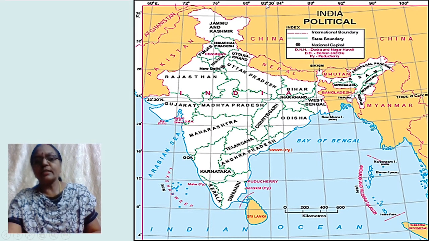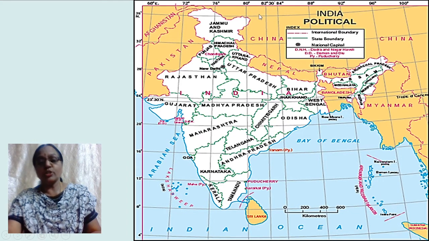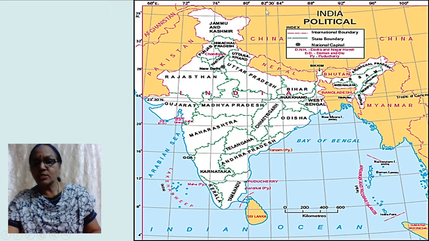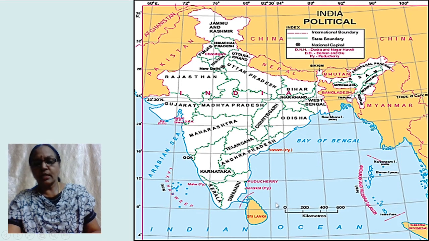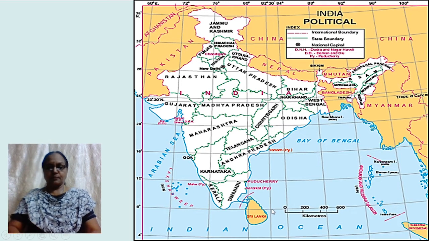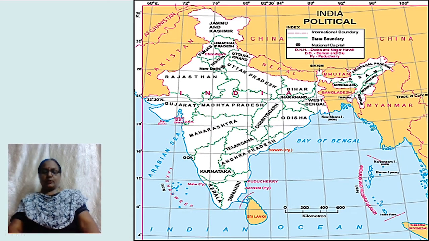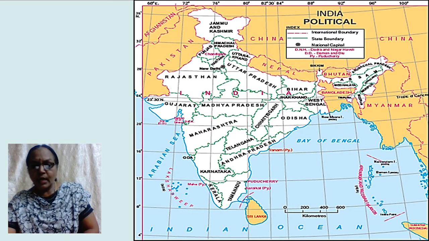The Indian Standard Time is based on the 82.5 degree east longitude, which passes through Mirzapur in India, that is in Allahabad. There's Mirzapur in India. Look at the small island here; that's Sri Lanka.